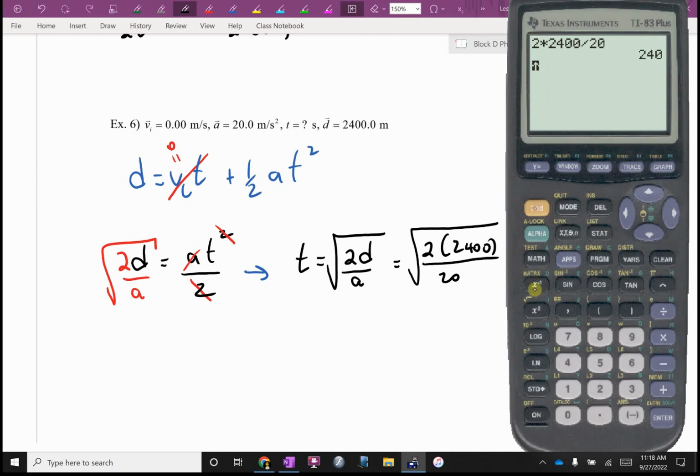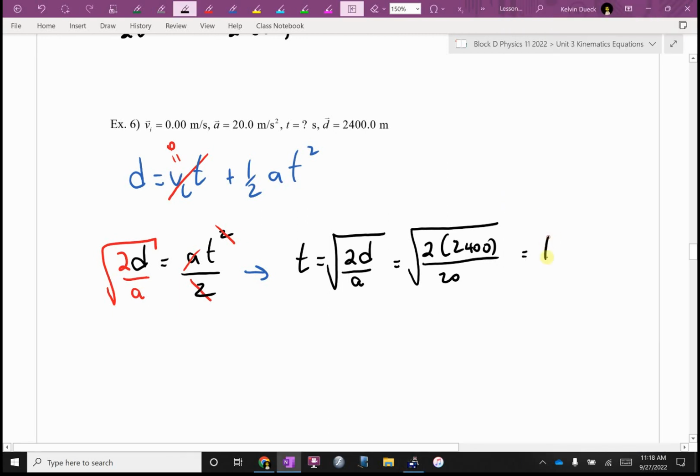And then I'll go square root, answer button. And I get 15.5. And it's time, so it's seconds.